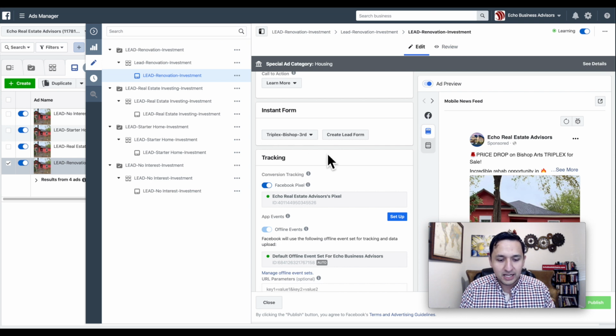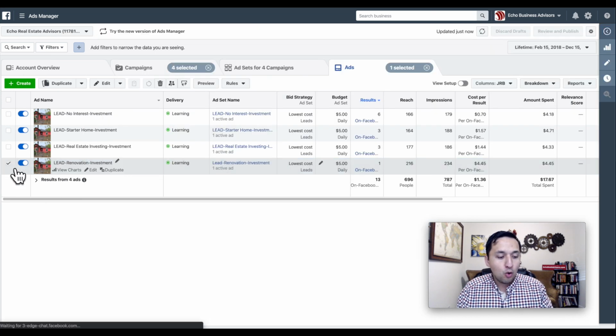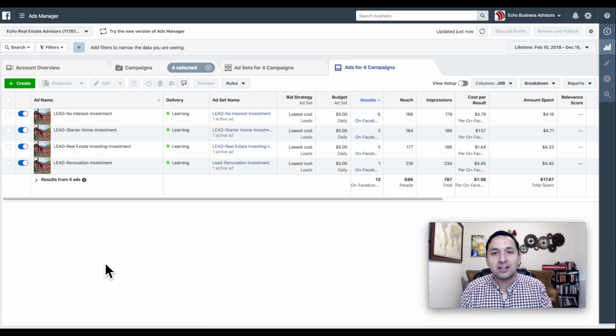So this form right here that we're using to capture the information, when they click there and don't give you their information, that is the people that you want to target. Those are the people that you want to see your ad again because they were so close to submitting their information. So you wanna show your ad to them once again with hopes of them actually converting and giving you their contact information. In order to do that, we're gonna create a custom audience.